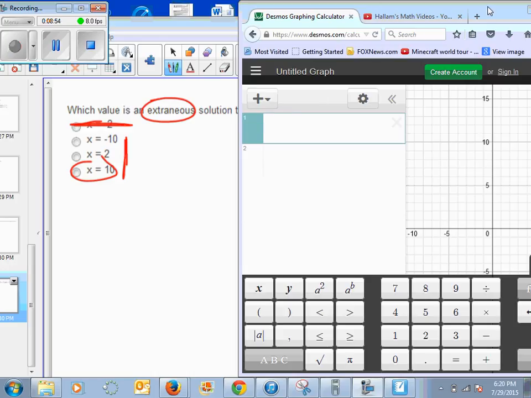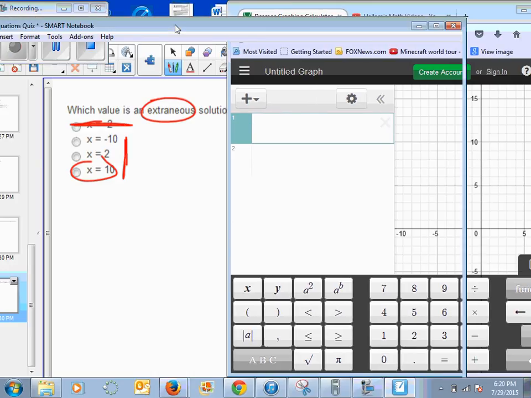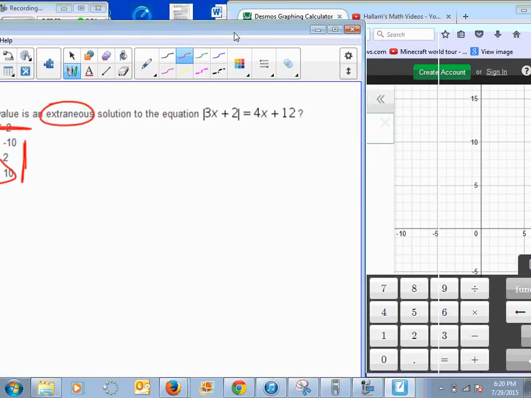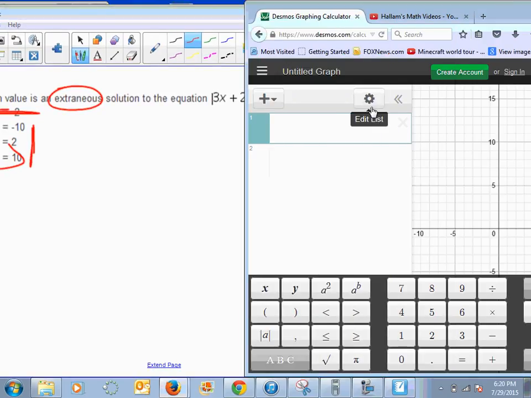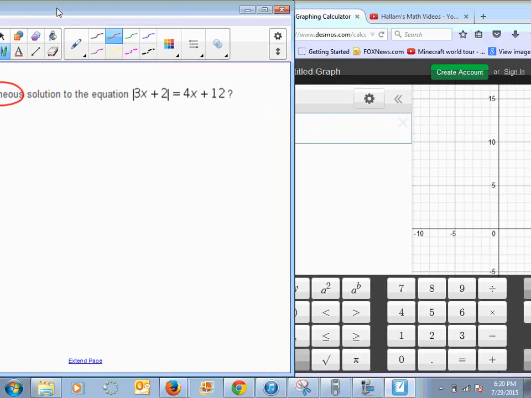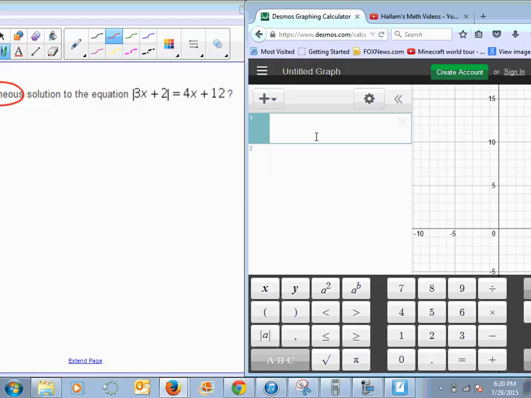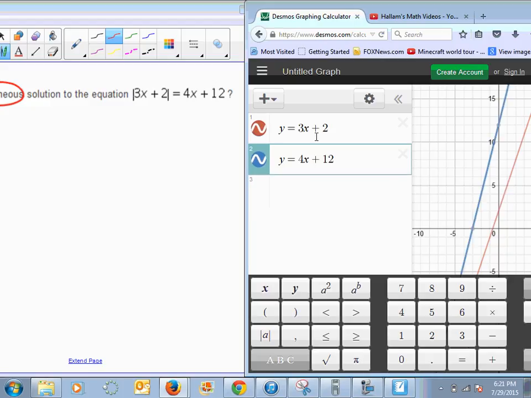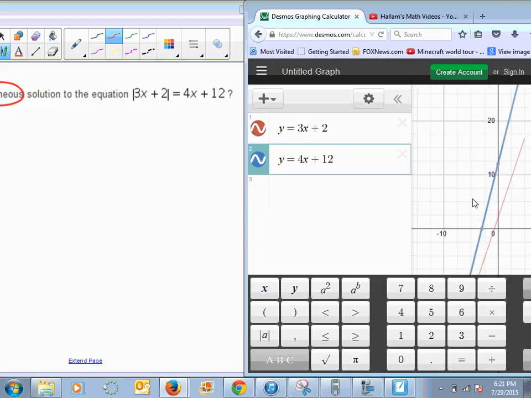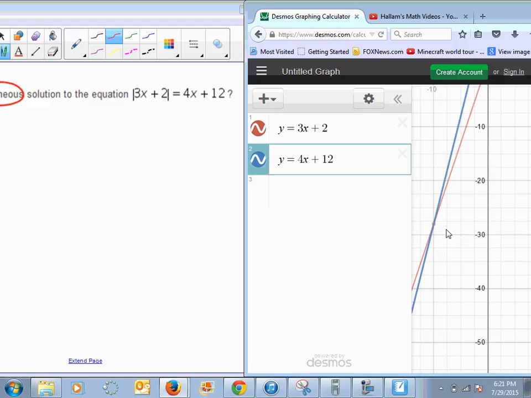Let's try this a little bit of a different way. I apologize. Let's take this left-hand side, and rather than putting the absolute value on there, let's just say y equals 3x plus 2, and then y equals 4x plus 12. All right, now, the reason I want to do that is I want to back up and see, okay, these two things, they intersect at that -10.